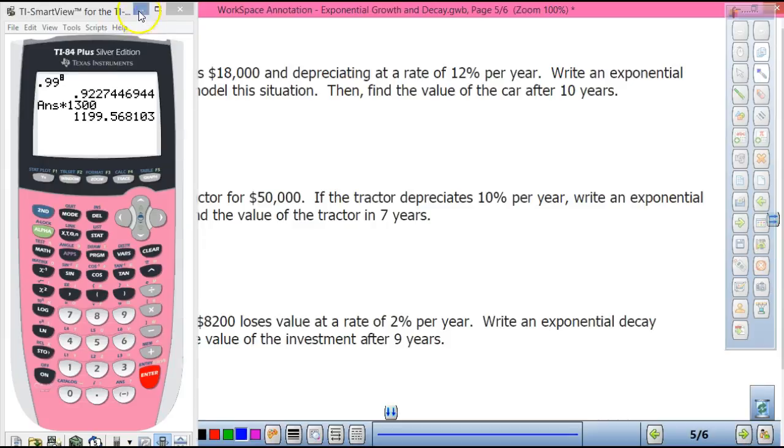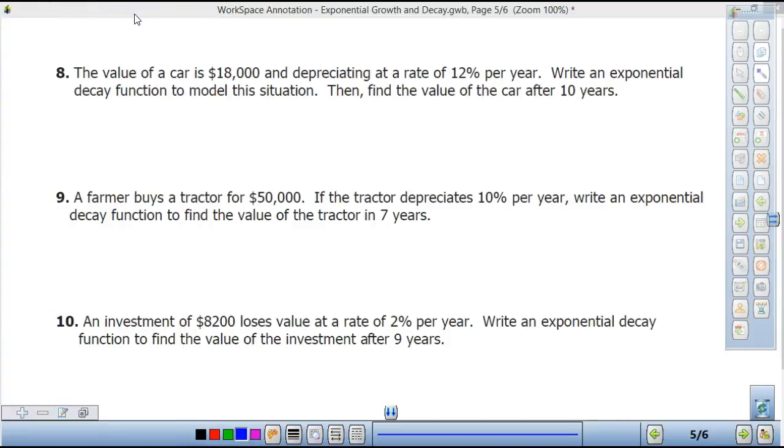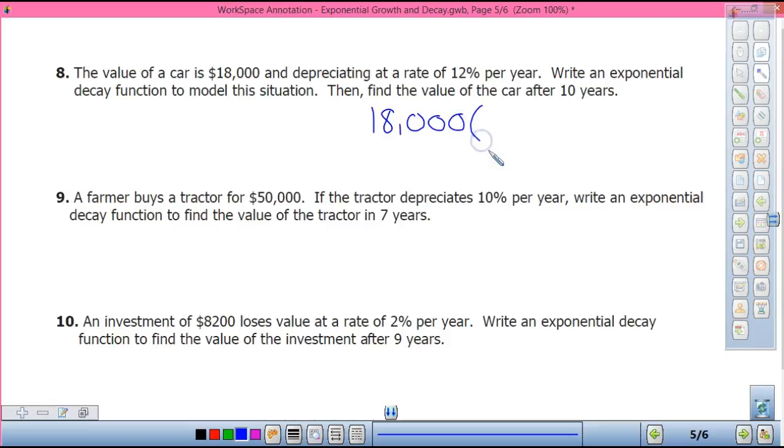Okay, thank you. Now, this one is very realistic. You buy a car for $18,000. It depreciates as soon as you drive it off that lot, and it's depreciating at 12%.